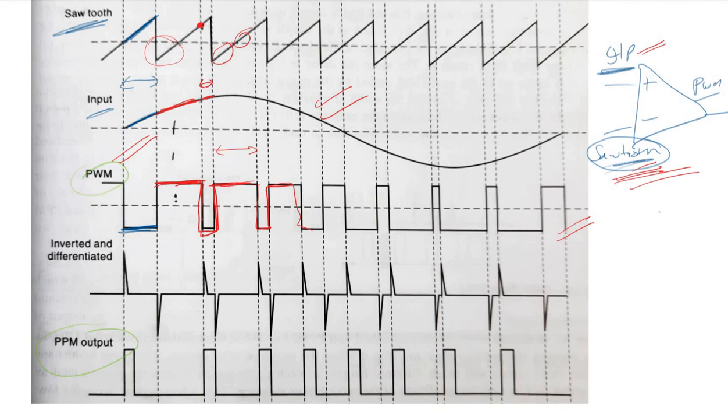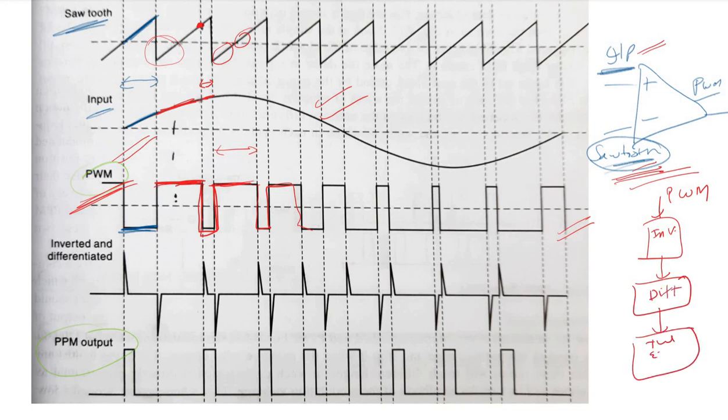Now the next step is to generate PPM with the help of this pulse width modulation. The steps involved were first we pass this PWM through an inverter, then we pass it through a differentiator, then we further pass it through a positive edge triggered pulse generator to get back your PPM.